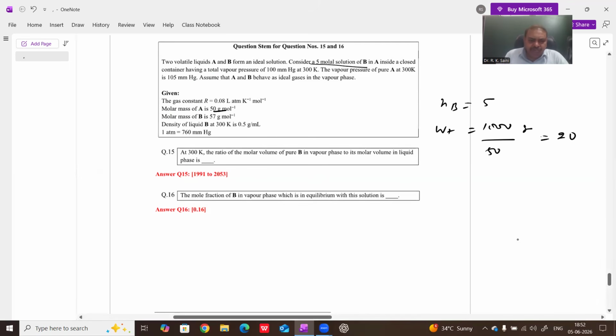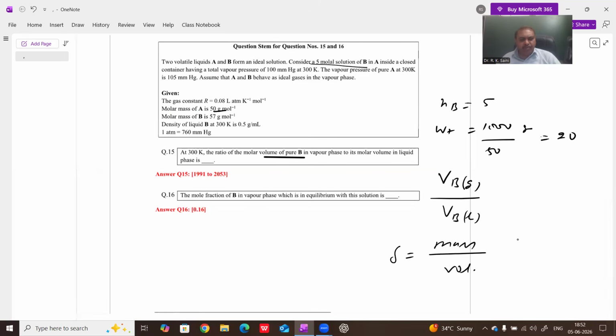Now, first question. The ratio of the molar volume of B in gaseous phase to the molar volume of B in liquid state. In case of liquid state, we know that density equals mass upon volume. Molar means taking 1 mole.